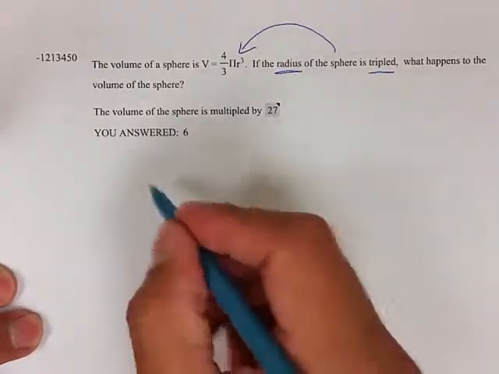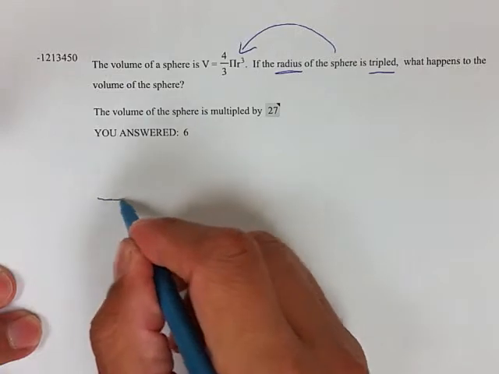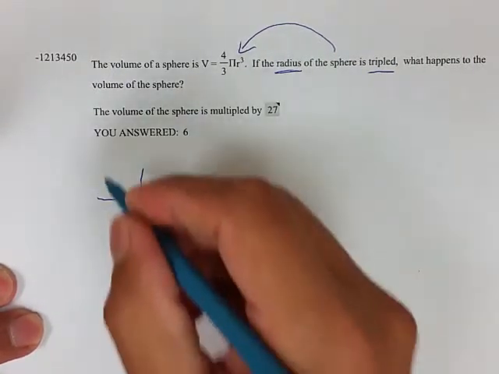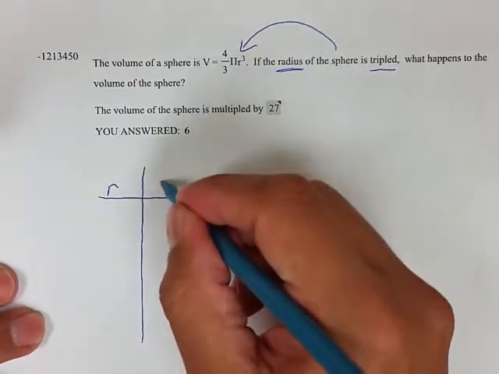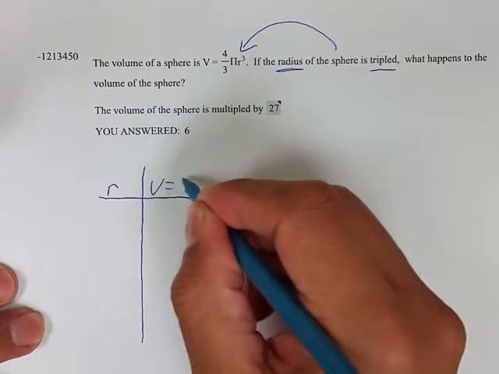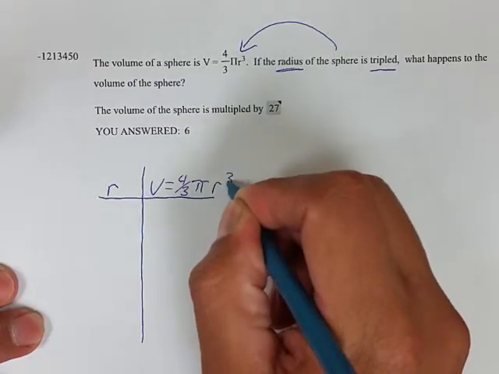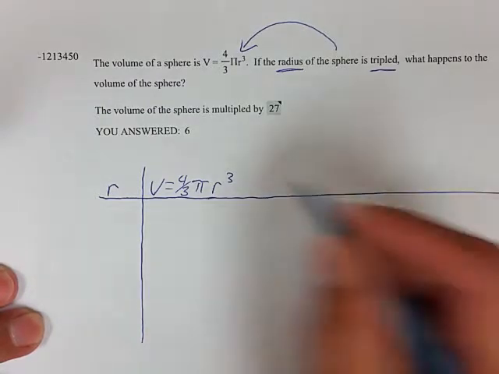So when I look at this formula, if I'm tripling a radius, let's look at some different radii. So we have the radius and the volume, which is 4/3 pi r cubed. I'm going to do my work over here.